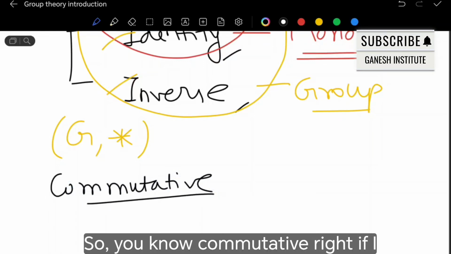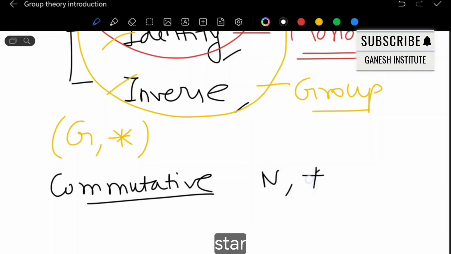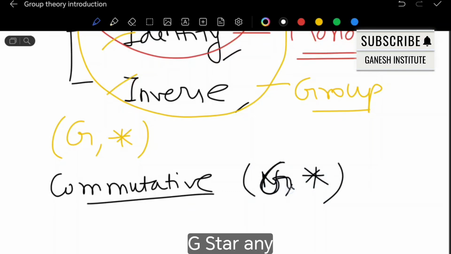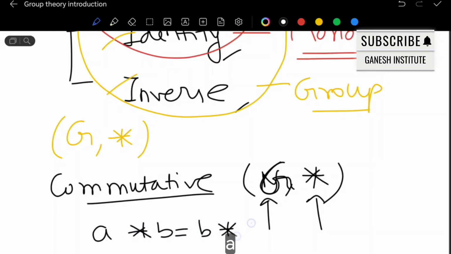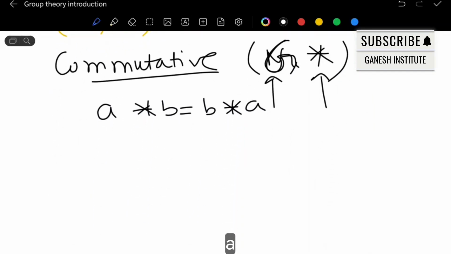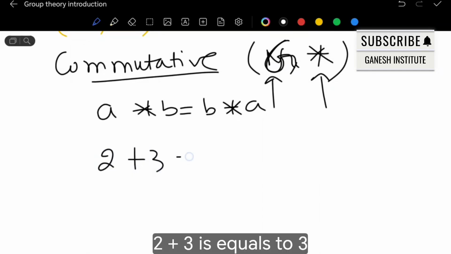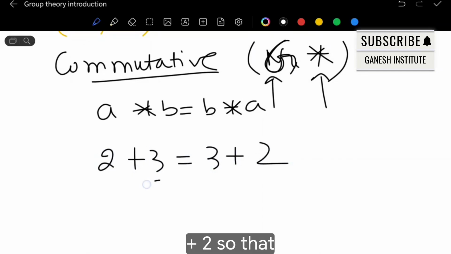So you know commutative, right? If I have G star, any non-empty set and a star, then we consider it commutative if A star B is equal to B star A. 2 plus 3 is equal to 3 plus 2.